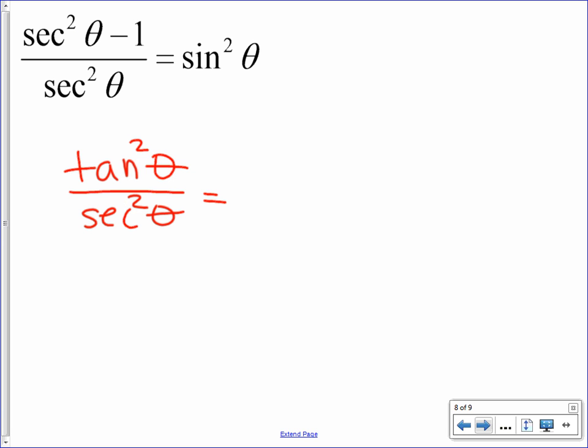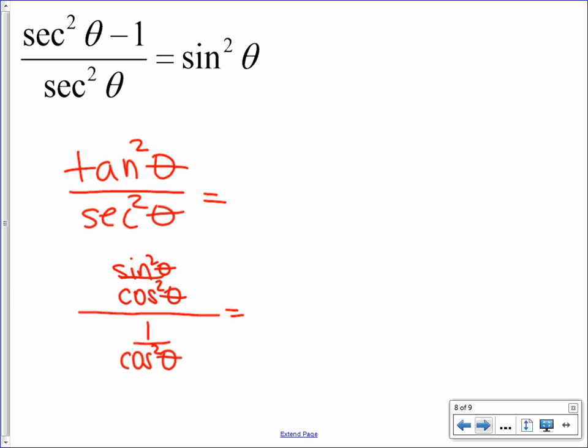Now what? Secant is the same as 1 over cosine, squared. Maybe the tangents can go to sine over cosine, or sine squared over cosine squared.